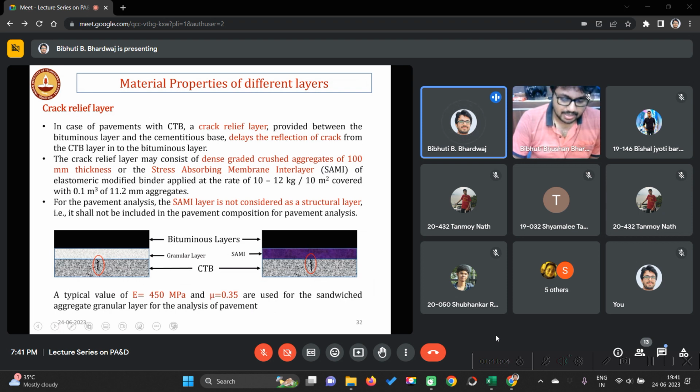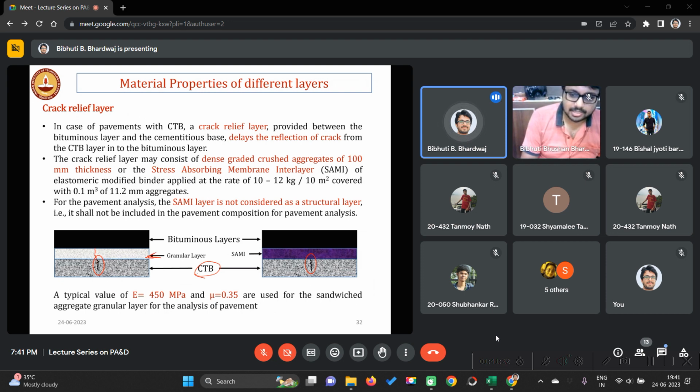Okay, now if you use cement treated base, then in order to avoid propagation of this crack to the upper layers, we use some crack relieving layers.